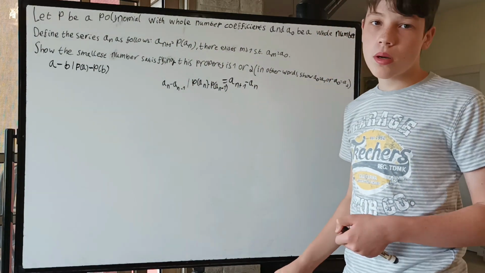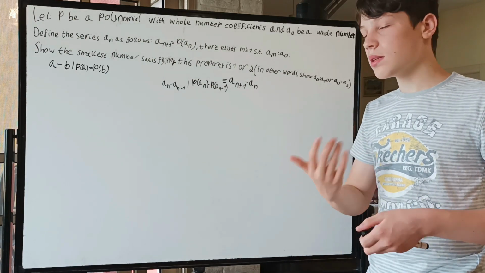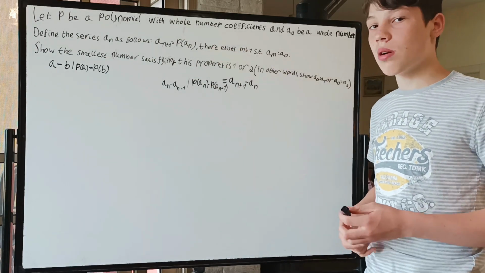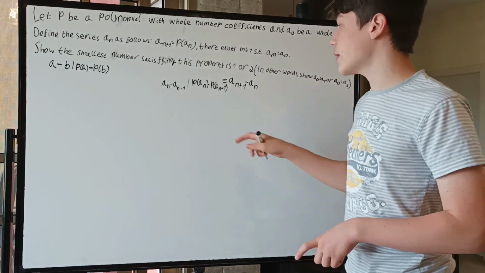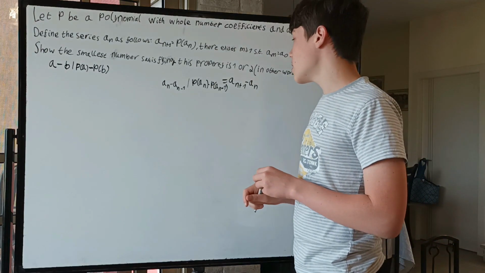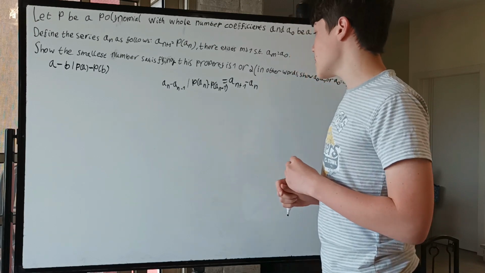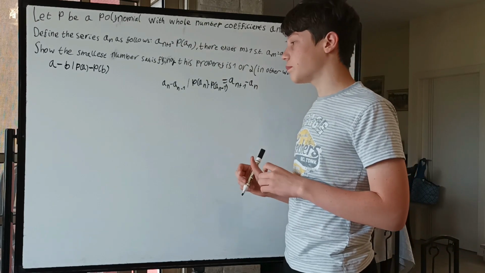And so a1 would be a whole number, and then a2 would be a whole number, and so on. So every term in the series is a whole number. So we can use this, and we get an minus an minus 1 divides into an plus 1 minus an.